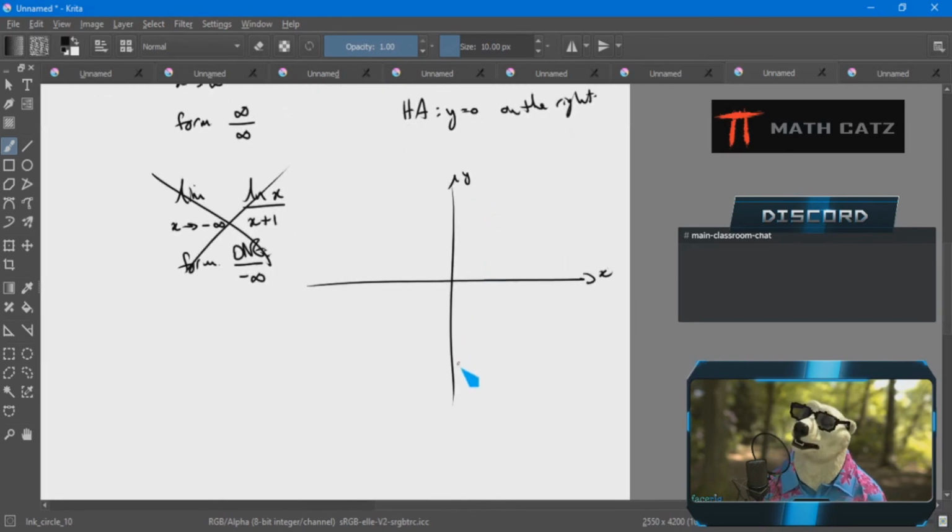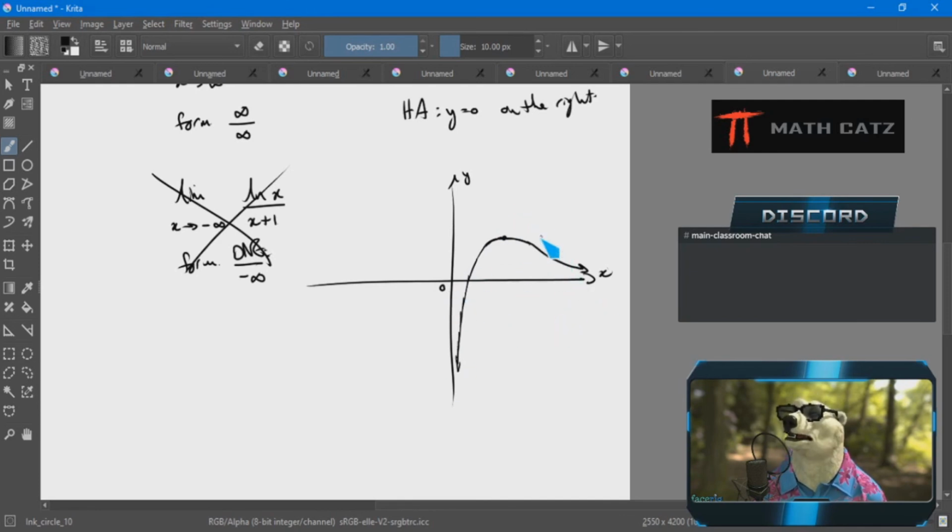So this one actually looks very similar. It has a vertical asymptote here. It crosses. It does something very, very similar to the previous function, but it's not the same. The points where it turns and stuff, it's not the same. I have a vertical asymptote here. I have a horizontal asymptote on the right. Again, just from this step, there is no way for me to figure out this graph.